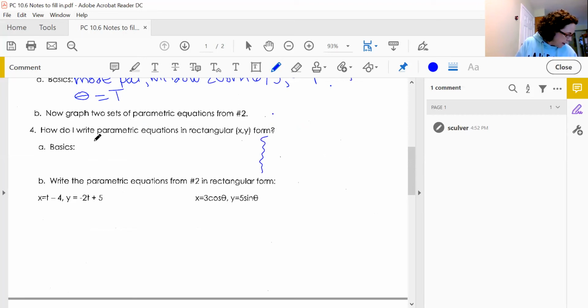The basics are get t alone in the x equation and substitute in the y equation.